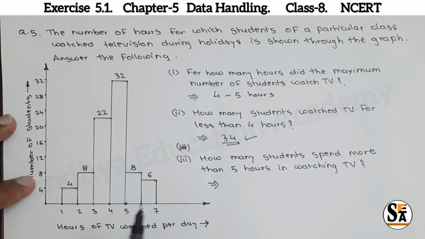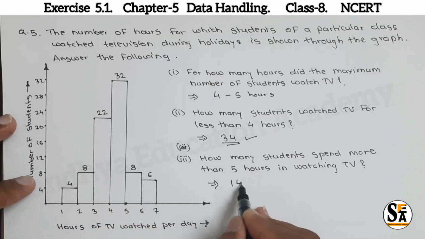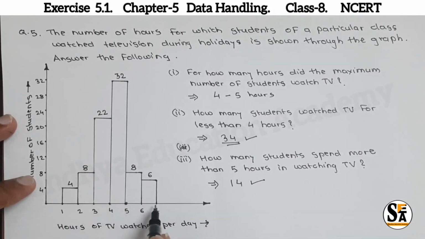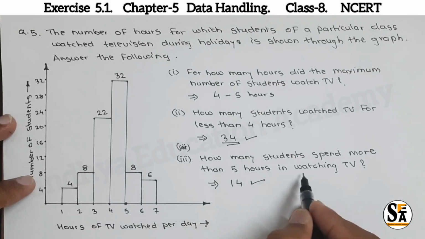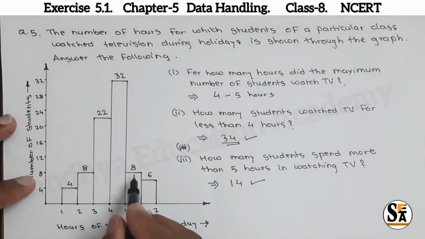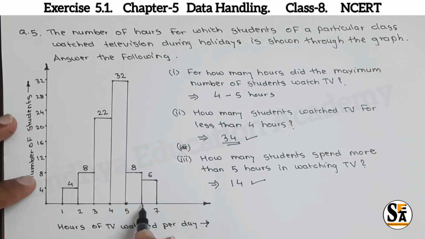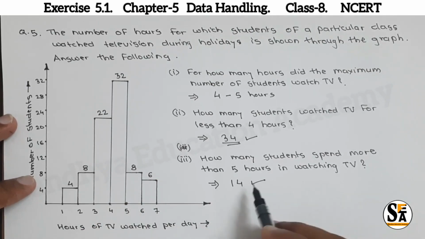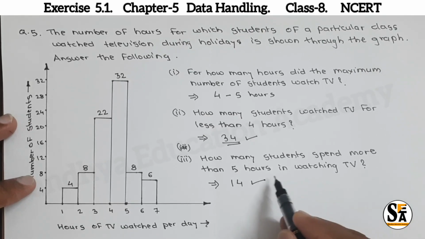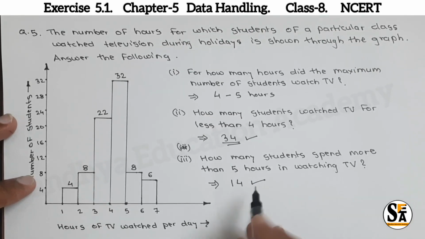So add these two frequencies. 8 plus 6 is 14. So 14 students spend more than 5 hours in watching TV. These 8 students spend 5 to 6 hours and 6 students spend 6 to 7 hours. So the addition of these two, a total of 14 students, have spent more than 5 hours in watching TV.